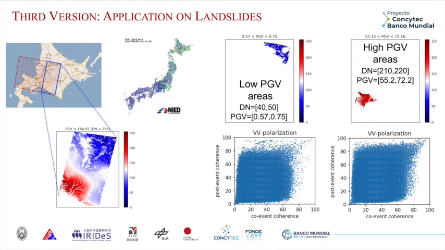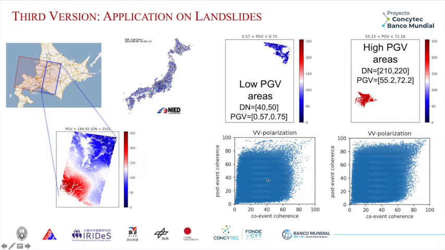You see, in Japan there are very large strong motion networks, and we were able to identify which mountain areas have a very low PGV, peak ground velocity, and we extracted some features, and you can see here the features we extracted from the radar images in this bidimensional space. We also identified the areas in which the PGV was very high, and we collected the same features, and you can see here.